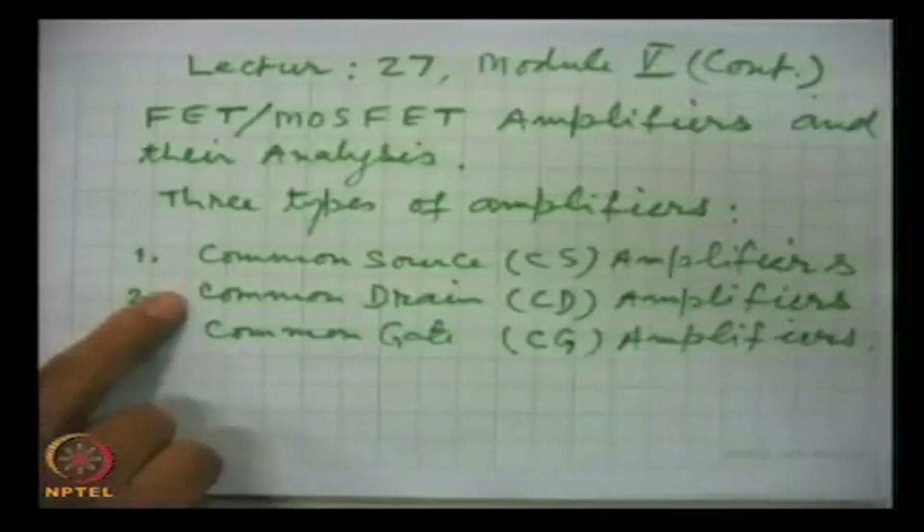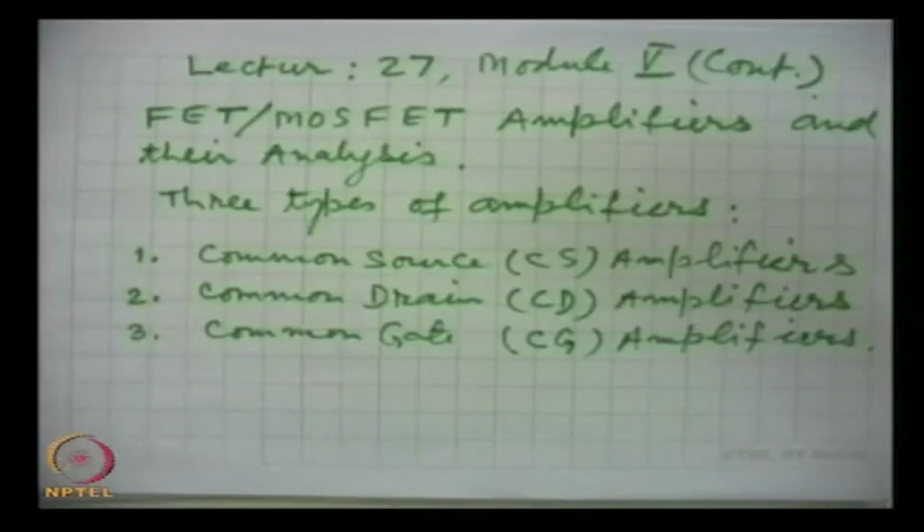Then we will study the common drain amplifier, which is like the CC, common collector or emitter follower. This is known as the source follower, and it has a similar application as the emitter follower for matching purposes. So, it is used as a buffer amplifier.